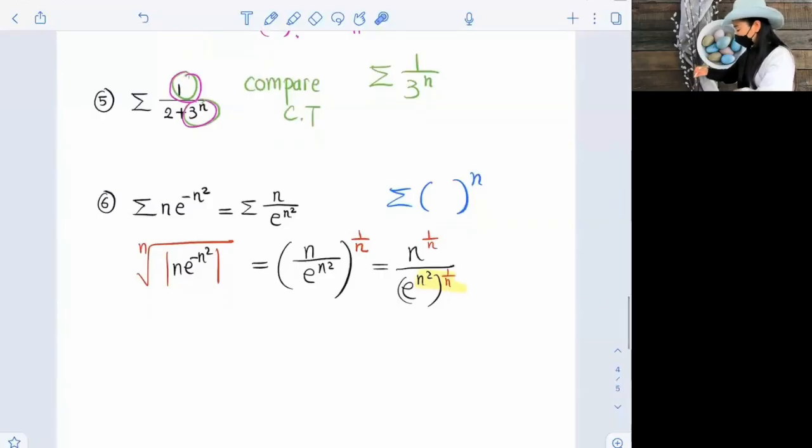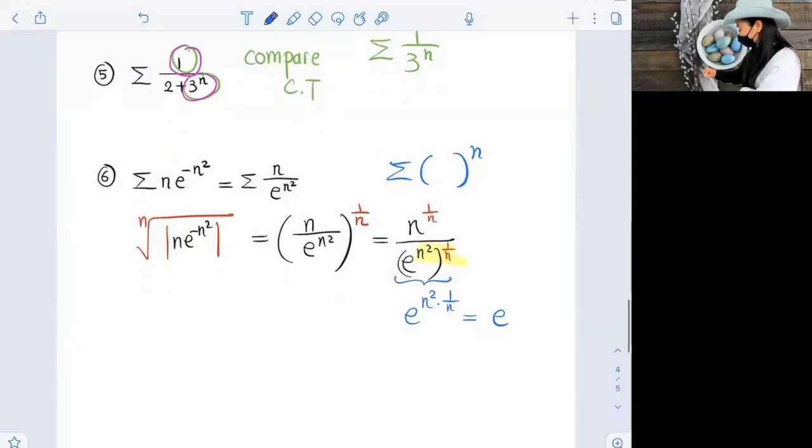You multiply it, so this is e to the n squared times 1 over n. This is e to the what power? N power. Yes, very good. So this one here, we want to use the root test.